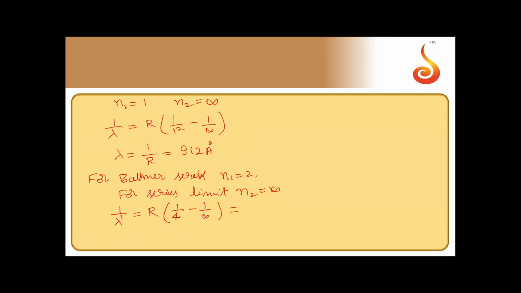So that will become R by 4. So lambda dash will be equal to 4 divided by R. So that is 1 by R is 912. So it should be 912 into 4 angstrom. That is option C.